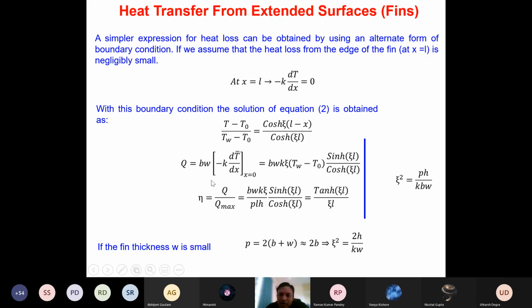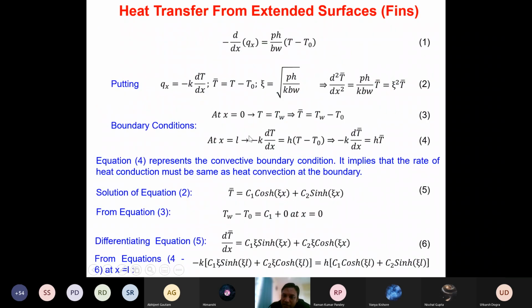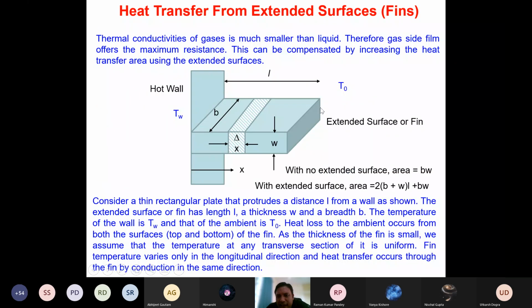Now what will be the theoretical maximum? It is going to be P L, the area, isn't it? Remember, in the earlier case we had taken P L plus B W. Here we don't need to take B W because we are now assuming that when I reach this end, there is no heat transfer taking place here.